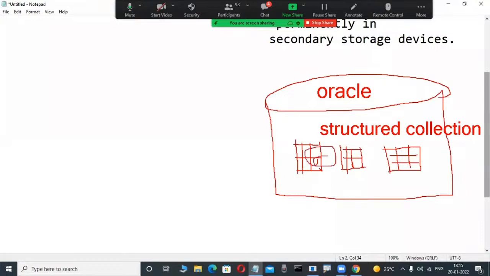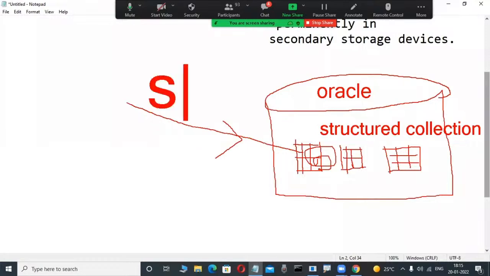Once a structured collection of data is there, we need some language to operate on this data. What is that language? Maybe anybody has an idea: SQL, structured query language. Through this language only, we operate on the structured data in relational databases.